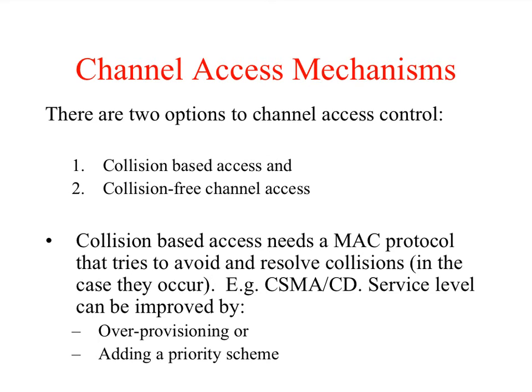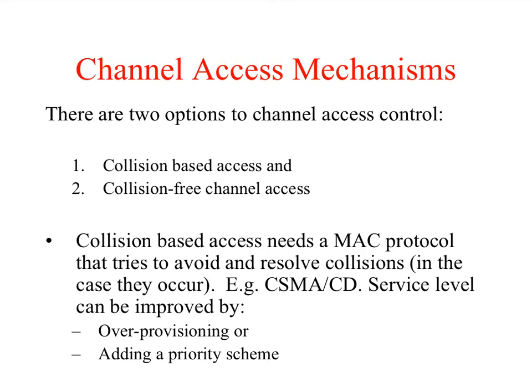How do we do this? We give some priority. So when they back off, they will not back off using the same random number. No. One user may select a specific random number in the order of tens of milliseconds, and the other one will generate in the order of maybe tens of milliseconds or 100 milliseconds.